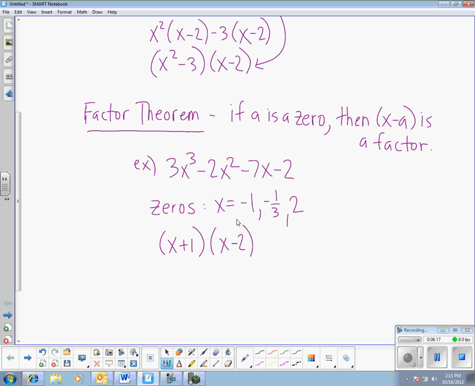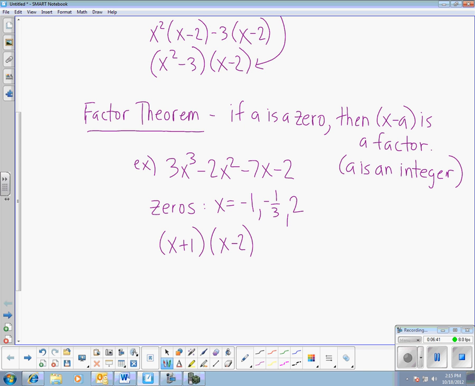Now, those I can do because a is an integer. So any integer values of zeros that you find in your calculator, you can turn them into factors by doing x minus them. So the negative zeros become x plus and the positive zeros become x minus.